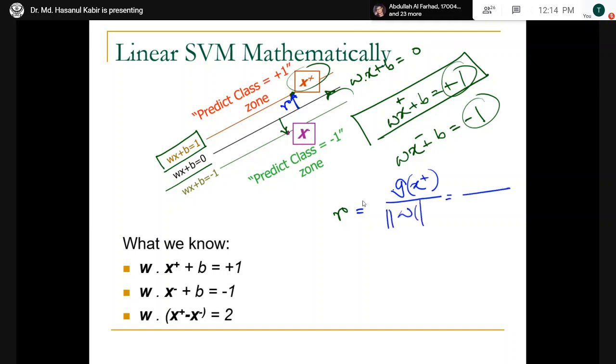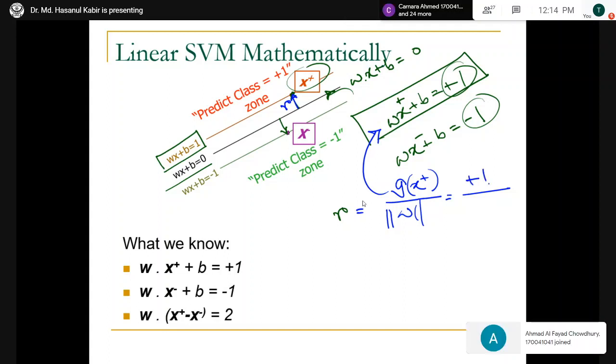So what is the response of the discriminant function for the positive sample? Plus one, right?